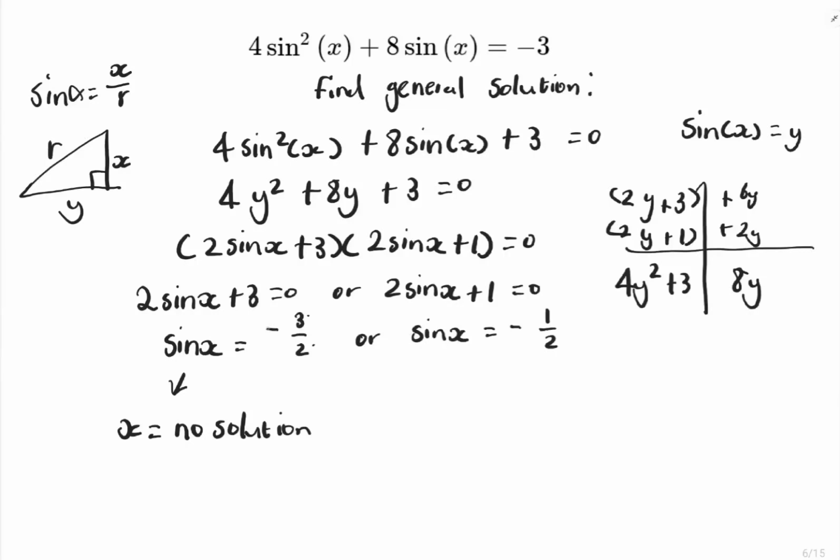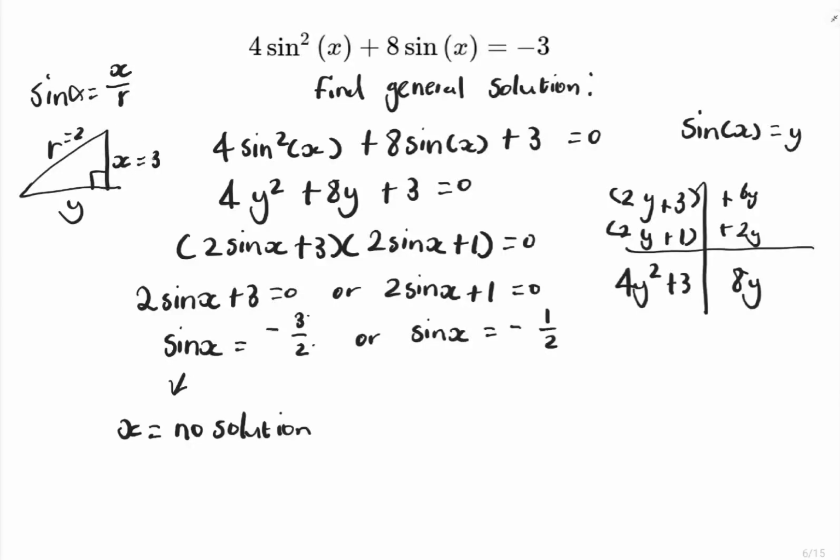Let's ignore the sign for now. The sign just indicates direction or where the triangle is placed. So let's just look at the 3 over 2. It would mean that the opposite side is 3 and r would be 2. It wouldn't make sense. R always has to be bigger than x or y, because the hypotenuse is the longest side of a triangle, right? In this case, it's contradicting that, because r is 2 but the side is 3.